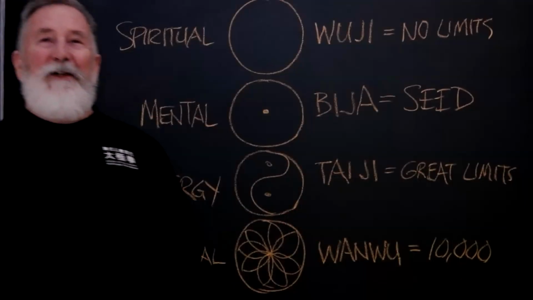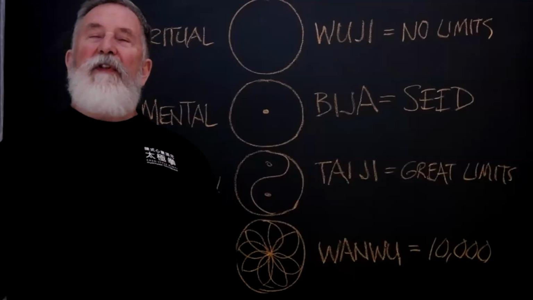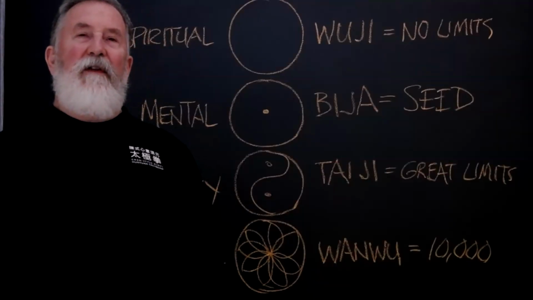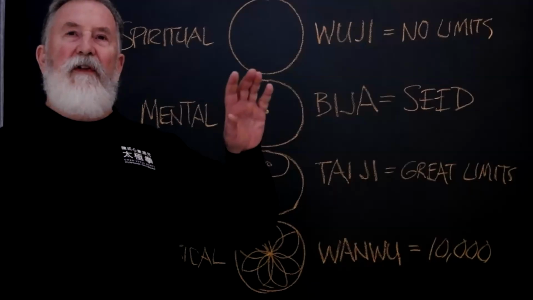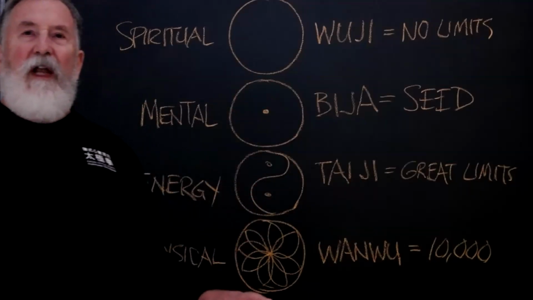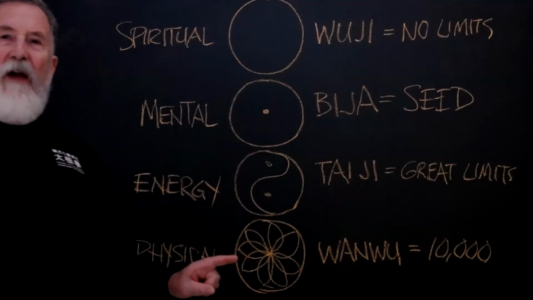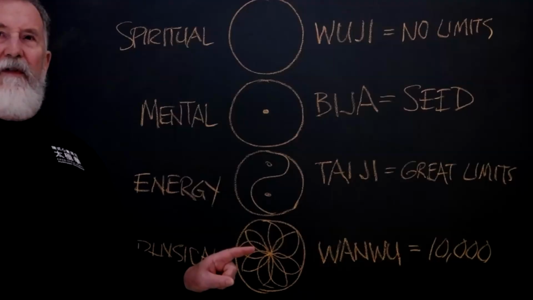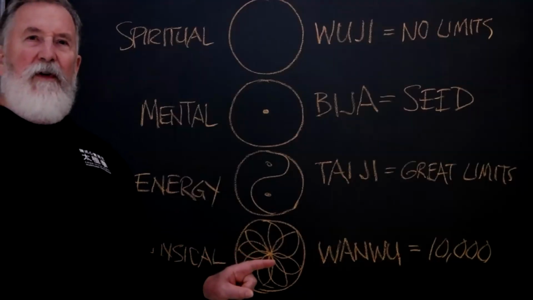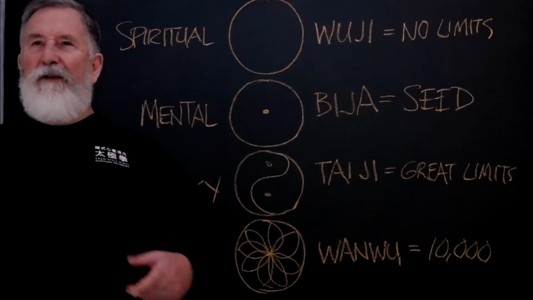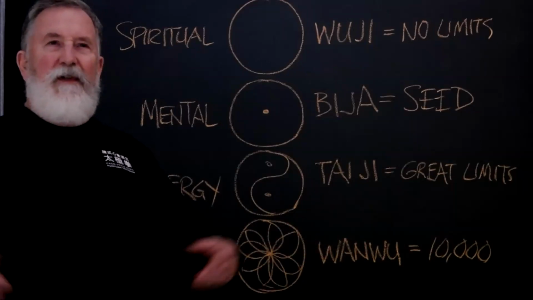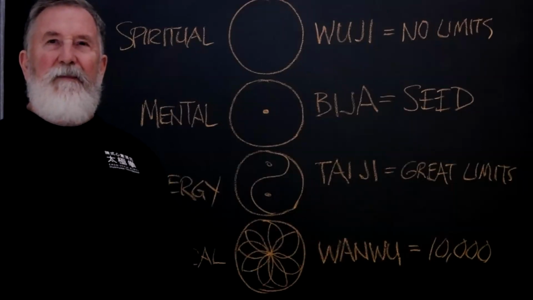You're thinking of biological evolution. Another way to say evolution is manifestation. All right. This is a metaphysical cosmology. They're talking about manifestation. At this level, Wan Wu, everything is manifest. This is the manifest universe. All right. There's my body. There's that wall. There's computers. This is all manifest.